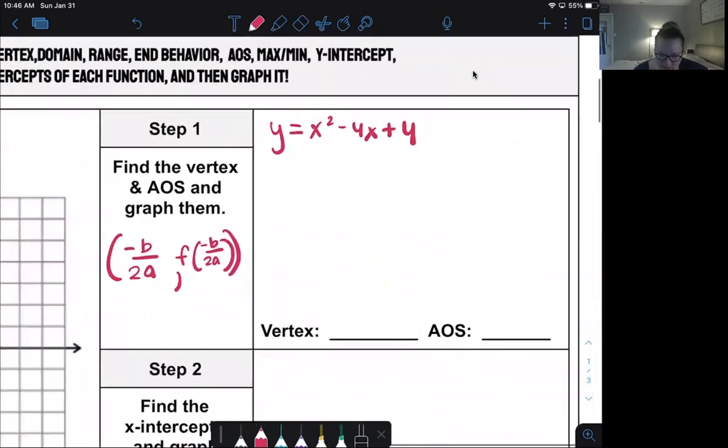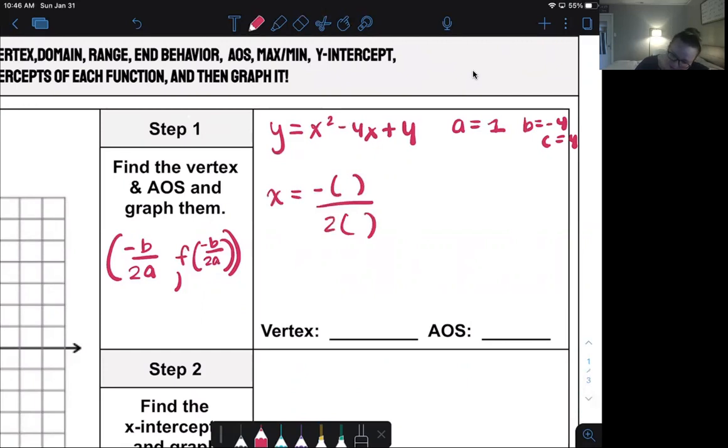So our a value is 1, b is negative 4, and c is 4. So the x value of our vertex is negative b over 2a. So the negative of b over 2 times a, b is negative 4, a is 1. So x is equal to the negative of negative 4, which is positive 4, over 2 times 1, which is 2. 4 divided by 2 is 2.